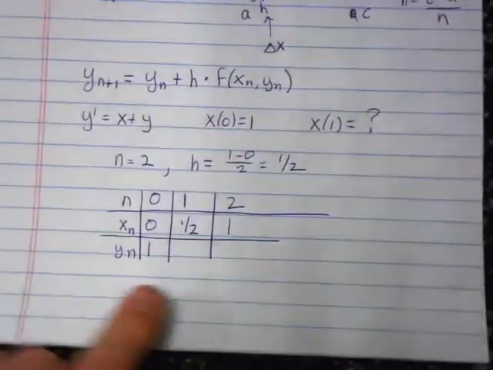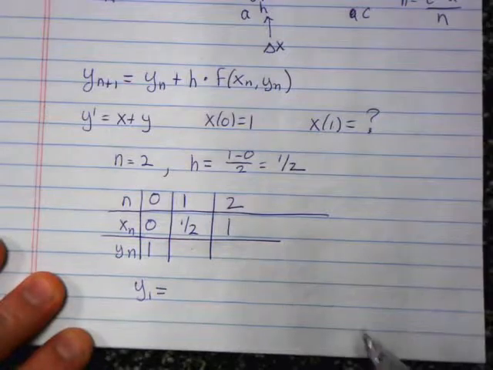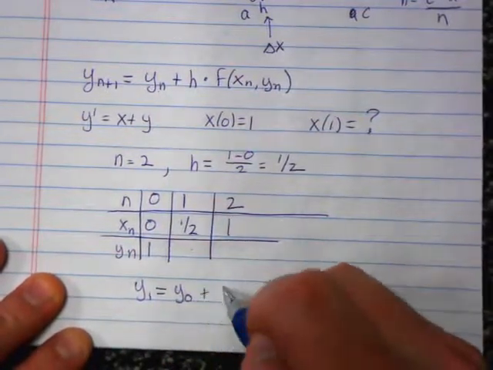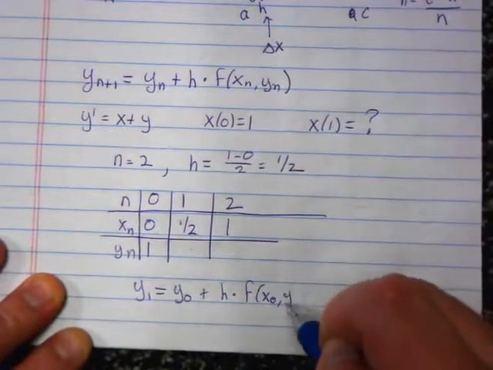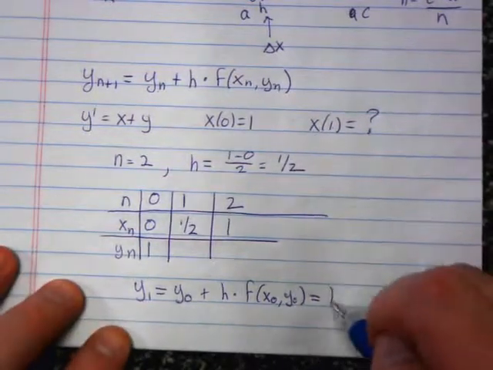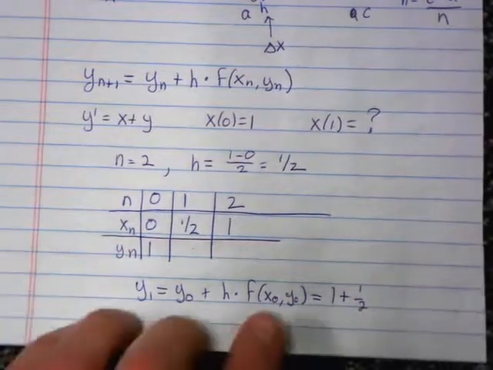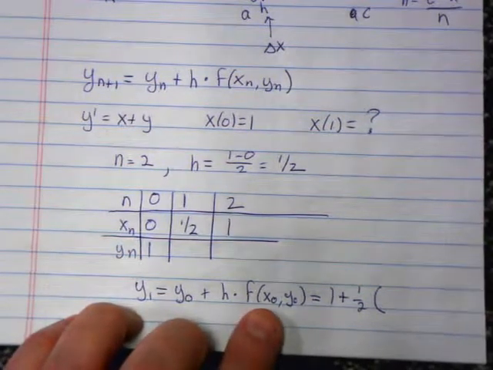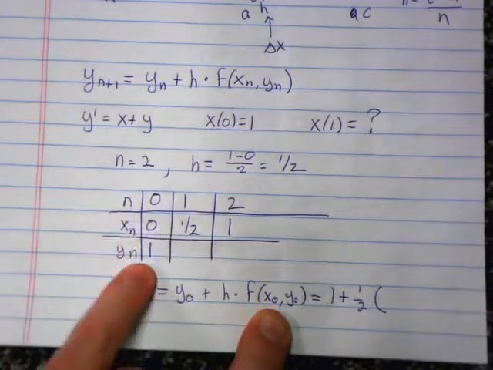All right, so to compute y sub 1, I have to take y sub 0 plus h times f at x0, y0. What was y sub 0? 1. Plus, what was h? 1/2. And f at x0, y0, that's x plus y, and x0 was 0, and y0 was 1.